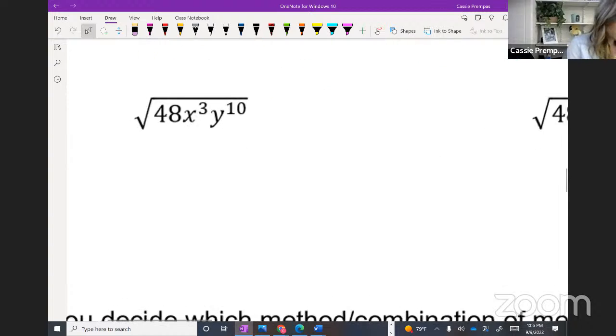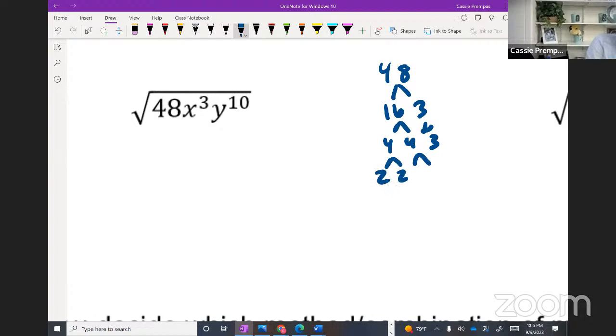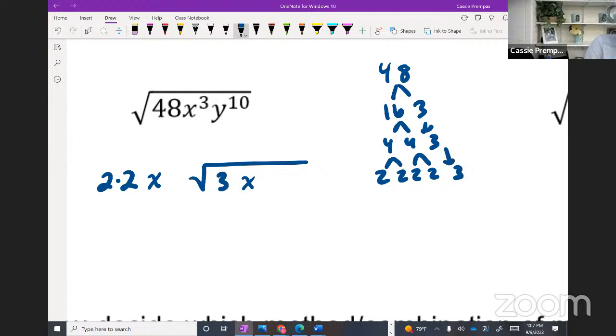All right, guys, here is what I saw. I saw a lot of people using the factoring tree, which is great. If you could have seen earlier 4 and 4, but if you didn't see that, I saw a lot of people show 2, 2, which is great. There's 2 pairs of 2s. So you'd have 2 times 2 on the outside. You have 3 left on the inside. Then if you did the X's and the Y's, you'd have an X on the outside, an X on the inside, and a Y to the 5th on the outside.